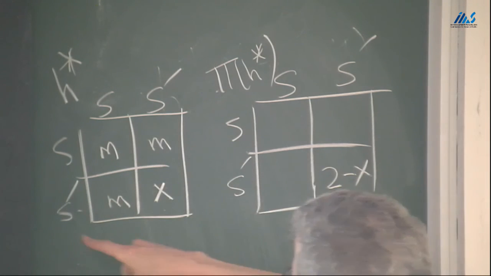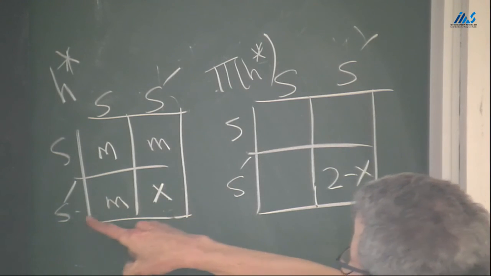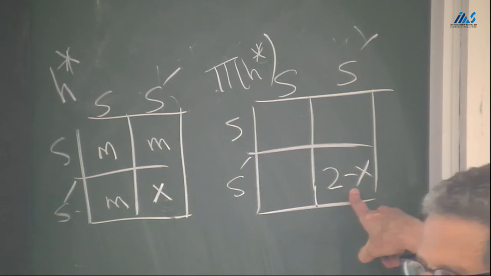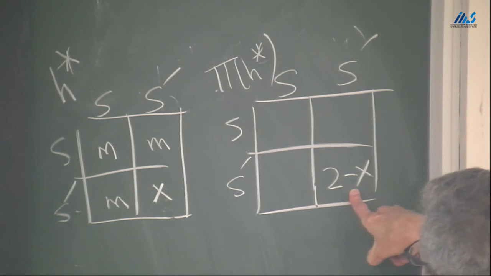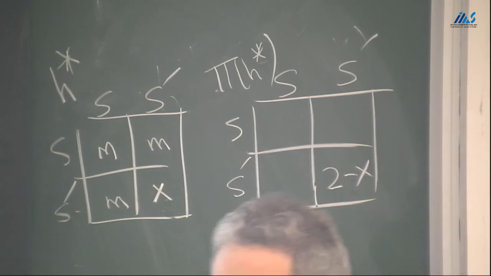So if over here we get X, we have to have 2 minus X over here to add up to 2.